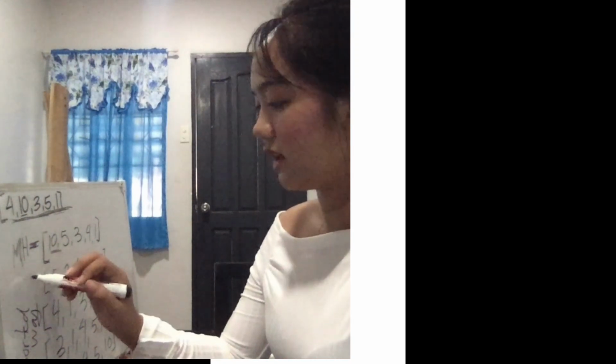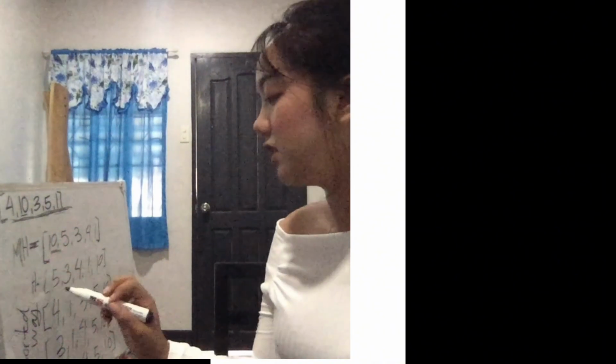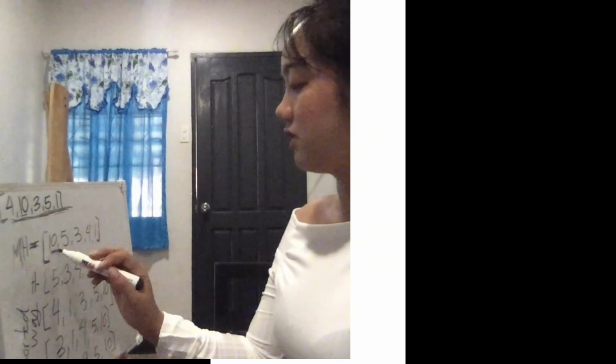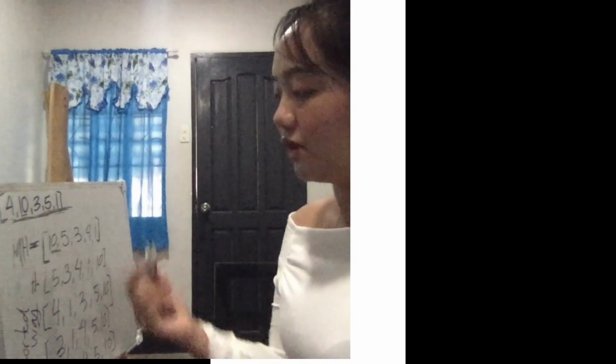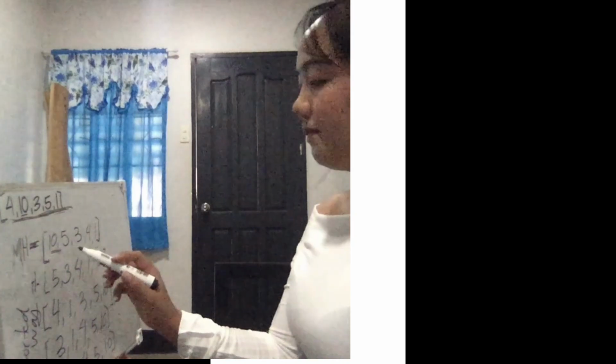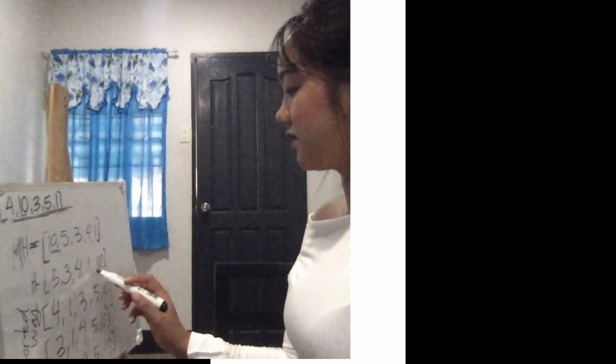After we heapify, we already heapified this one. So the largest, 10, goes here because it is the max, the root, which is this one. Now after we heapify this, 10 is already on this side.